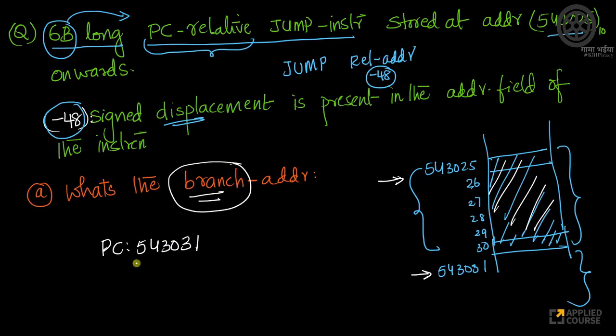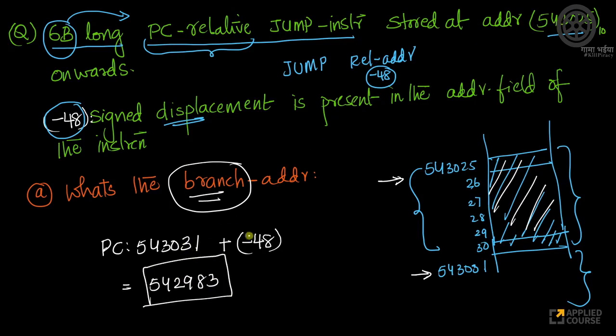So what is the effective address that we will branch to? Whatever value is in the program counter, we add the relative address, which is minus 48. If I add this, I get 542983. All these numbers are in decimal, making the math simple.